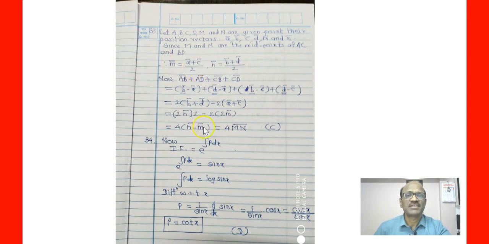Therefore, A bar plus C bar is equal to 2 m bar, and B bar plus D bar is equal to 2 n bar. Substitute the values and take the common terms, which becomes 4 times n bar minus m bar. And what is n bar minus m bar? That is mn bar. Hence the answer is 4 mn bar, and option C is the correct one.